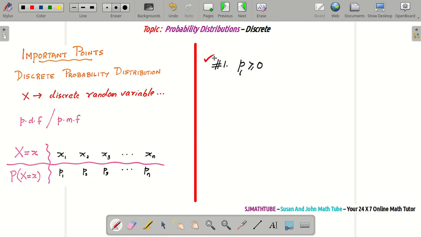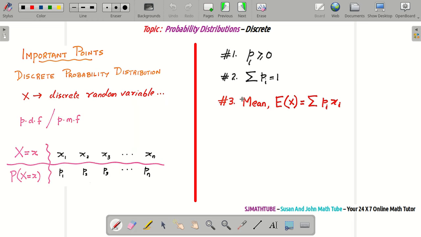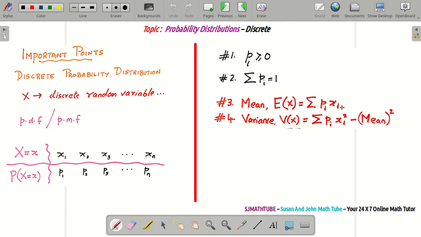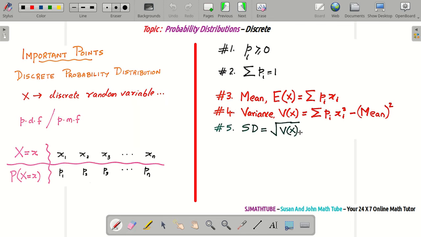And the first condition, all the probability values must be non-negative. And the second condition, if you add all these probability values, you're going to get 1. And the third one, the expectation or the arithmetic mean. The expectation is nothing but sigma pi xi. And then comes variance and of course the standard deviation.